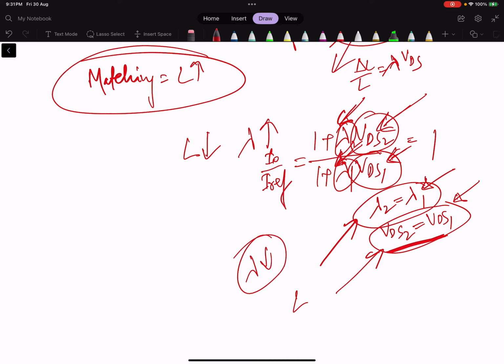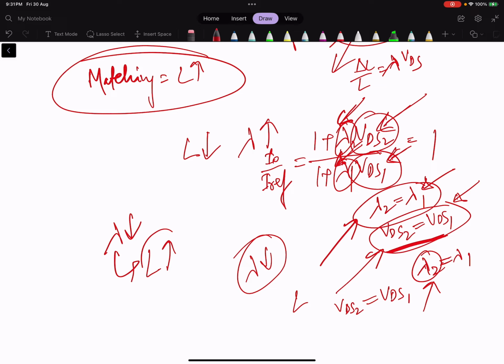Even though VDS2 is equal to VDS1, lambda 2 will not always be equal to lambda 1. So to avoid all this mismatch and variations, we make this lambda small. And how will we do it? The length will be increased.